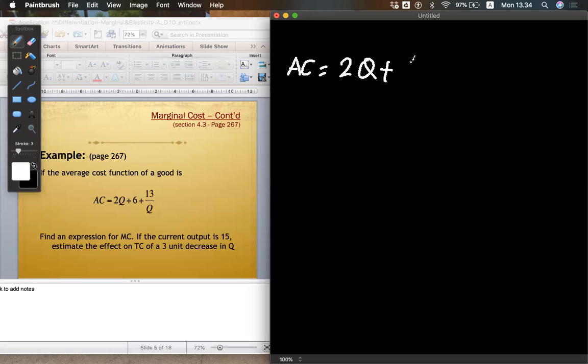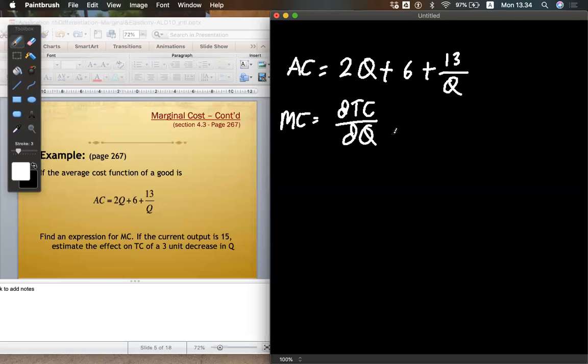AC equals 2q plus 6 plus 13 divided by q. So this is the function that is known or given, the average cost. Find an expression of MC. Marginal cost is derived from total cost, the dTC by dQ.